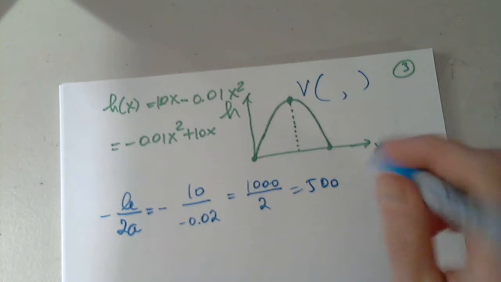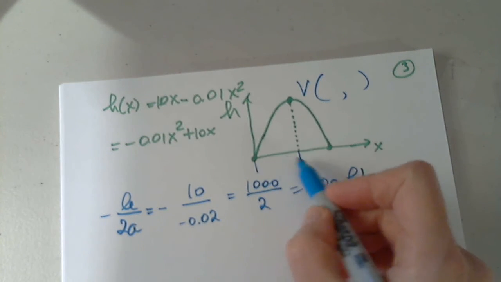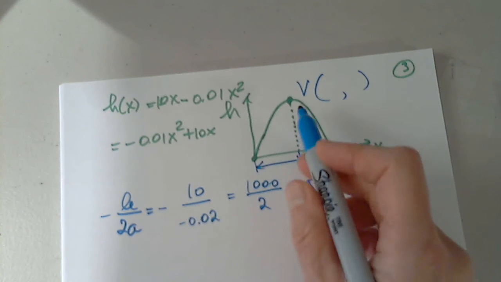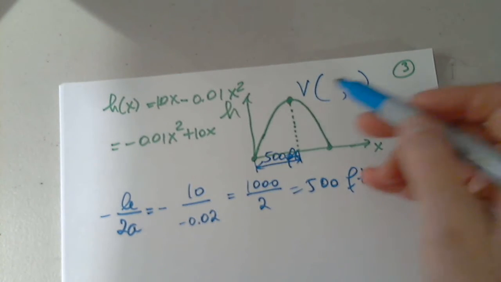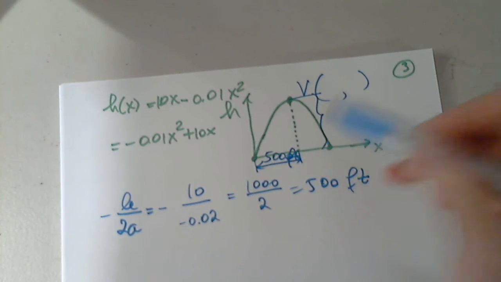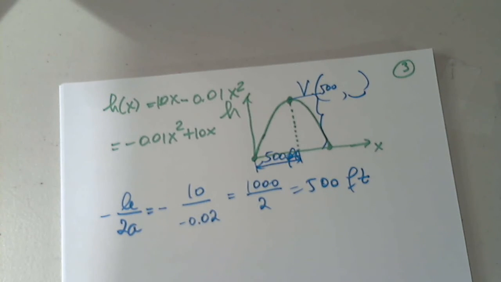And the measurement unit, don't forget measurement unit. This is feet, which is the horizontal distance till the maximum, 500. Now they're asking us to determine this. So if this is 500, how do I determine the y-coordinate of the vertex? Or, in other words, the maximum of this function? How do I get it?